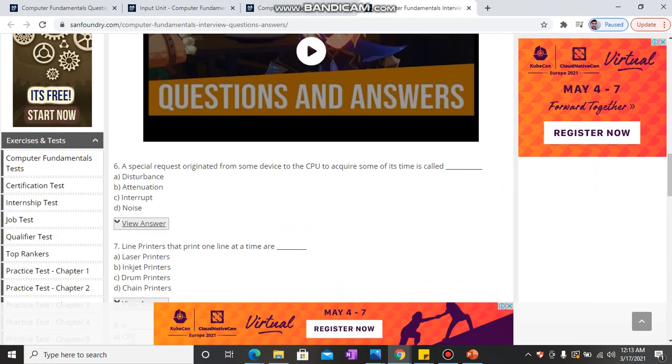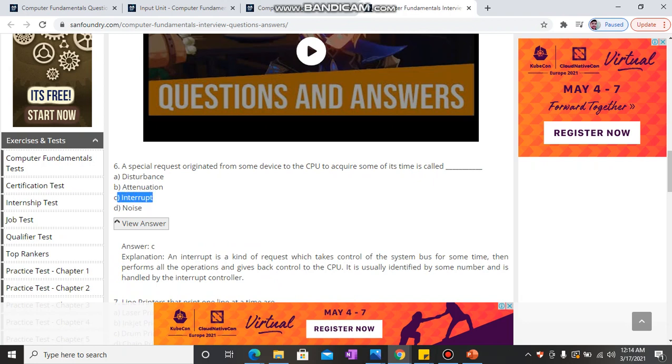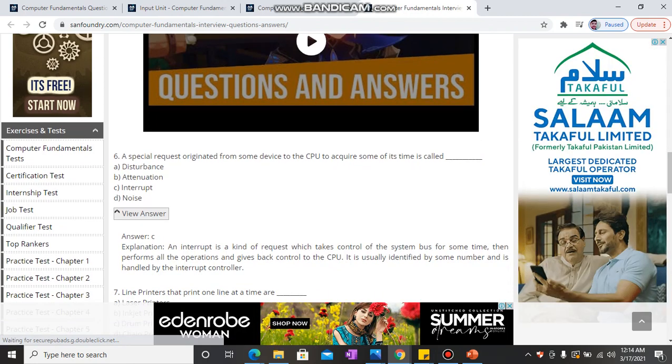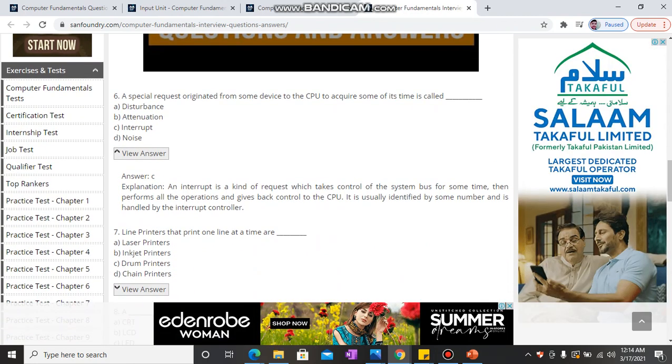Okay, we have another question. A special request originated from some device to the CPU to acquire some of its time is called an interrupt.